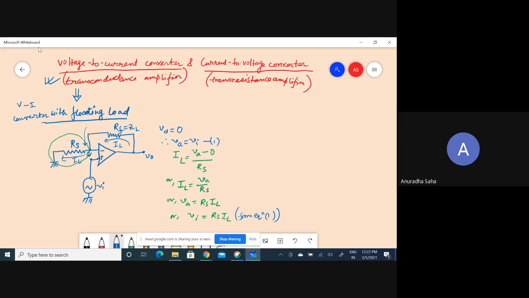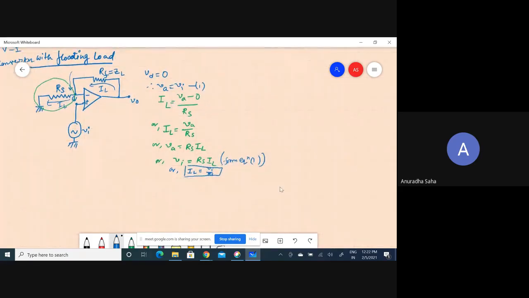So you can see that this IL is nothing but VI by RS. IL equal to VI by RS. Fine. This is it.